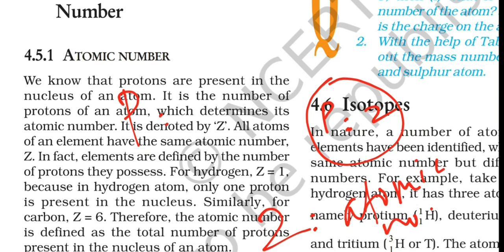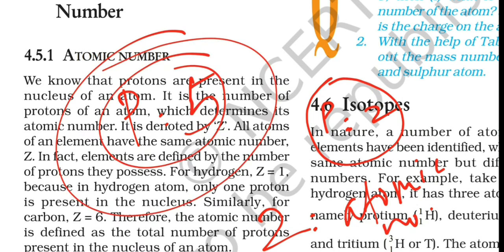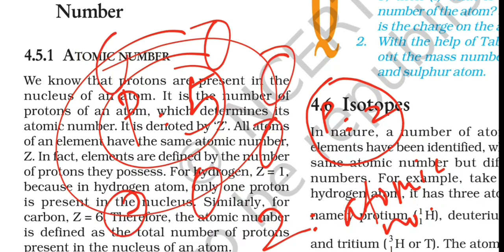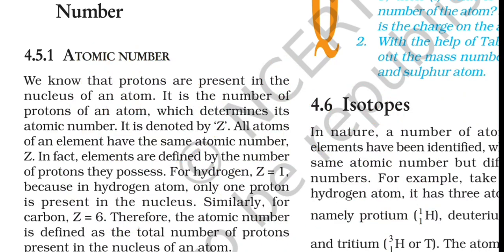Suppose 5 protons are present inside the nucleus, then 5 is the atomic number of the atom. Understood? Yes. It is denoted by Z. The atomic number is denoted by capital Z.